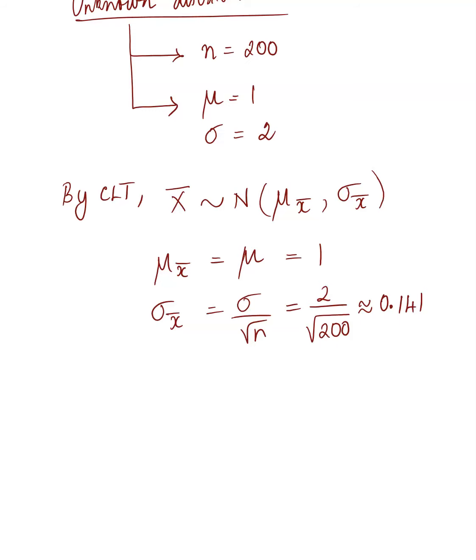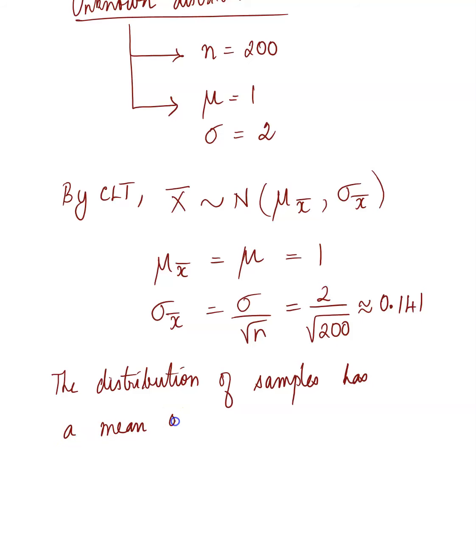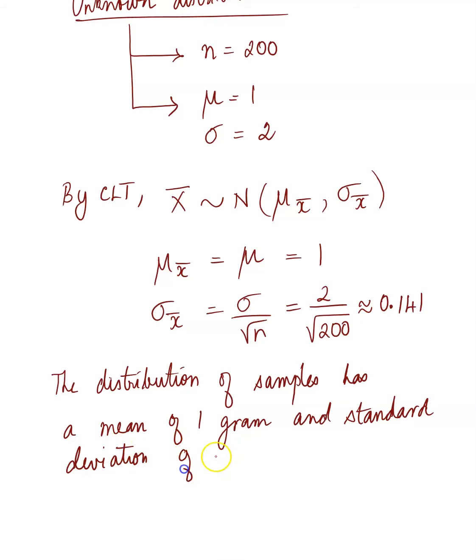Then we want to attach the units for these. So we'll come here and say the distribution of sample means has a mean of 1 gram and standard deviation of 0.141 grams per million tons, because we divided by the n, or square root of n.